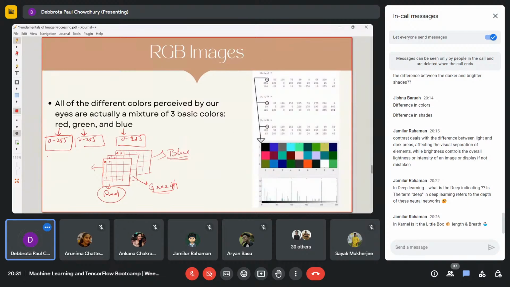If, let's say, this first value is 0 0 0, we have already seen that 0 means darker, right? This part is dark. 0 means darker, and 255 means brighter, right?